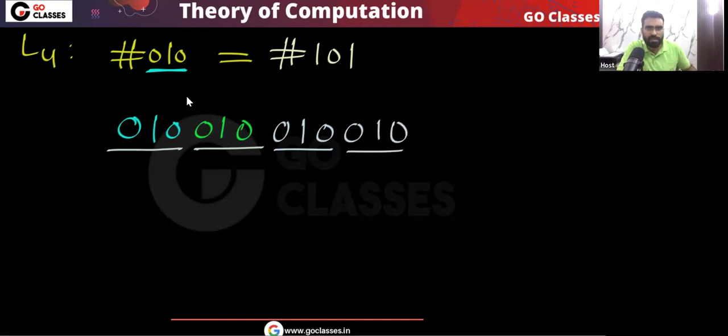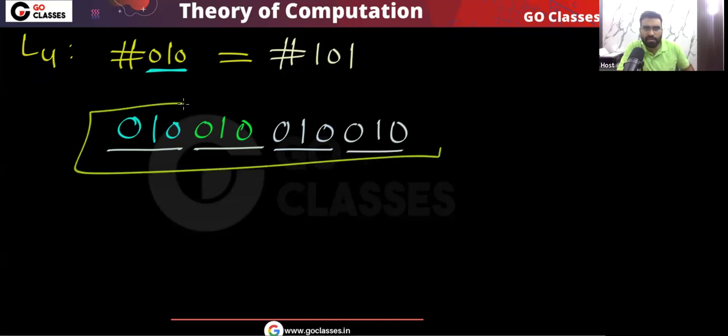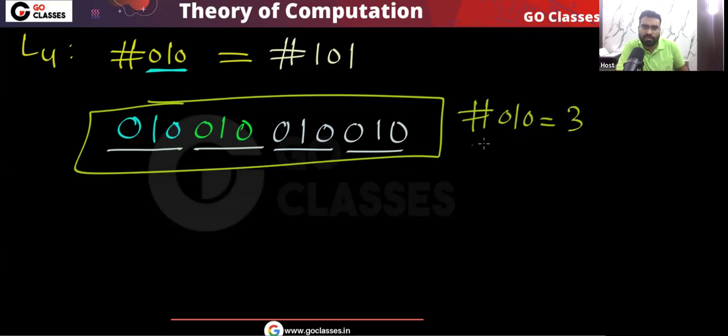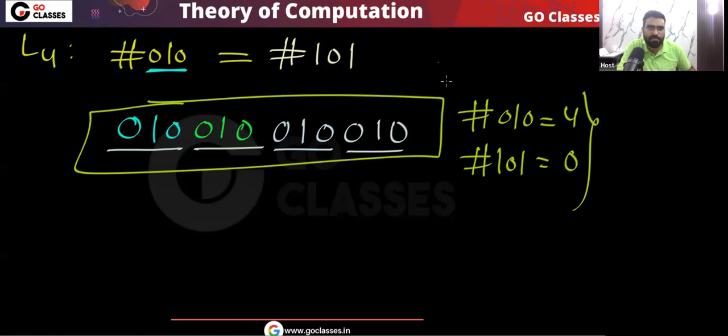Now you tell me, in this string, how many 010 have we seen? That is 3, that is 4. And how many 101 have we seen? That is 0. So they are independent or dependent? They are independent.